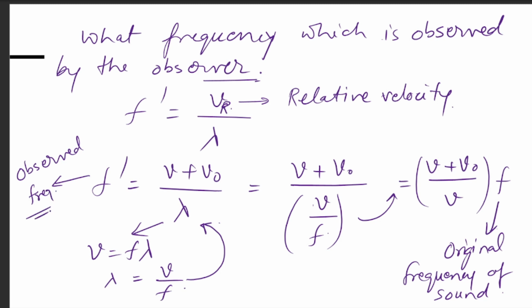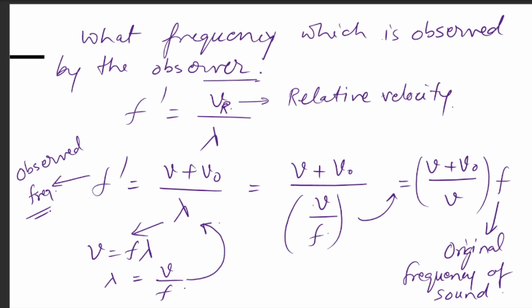So now you can see how we can derive the formula of observed frequency when the source is stationary but the observer is moving towards the stationary source.